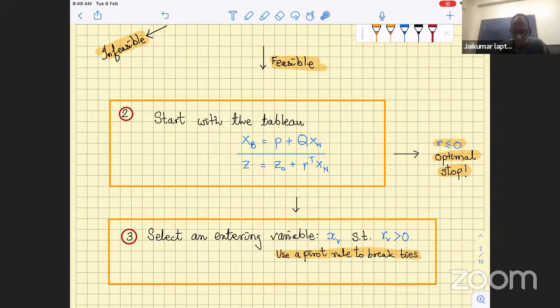So if this quantity is continuously increasing, we are never going to revisit an already visited basis. That means after a finite number of steps, n choose m or whatever, you will have run out of bases to visit, and you have to stop either because you found the LP to be unbounded or because you reached an optimal solution.